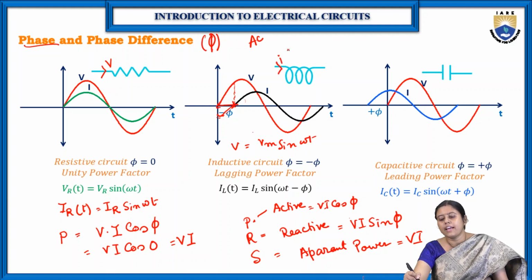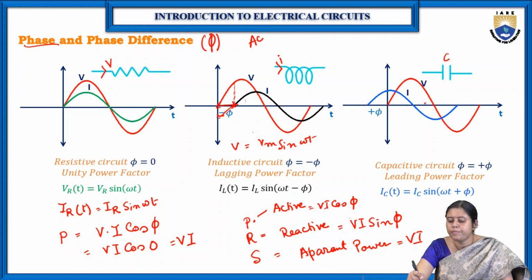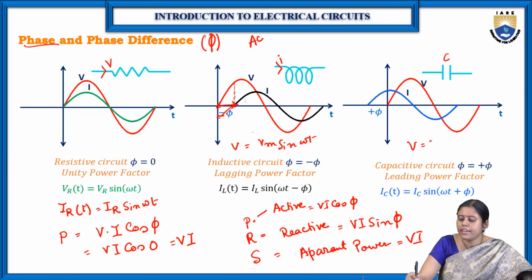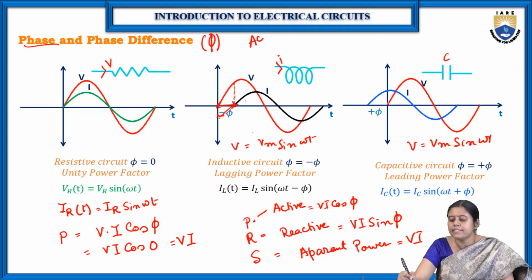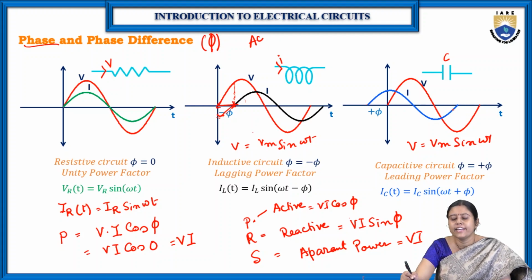Now we are discussing the capacitance. In the case of the capacitance, this is the voltage and current. Now you can simply see that if the voltage is again Vm sin omega t, the current is actually leading, because the current has started before.